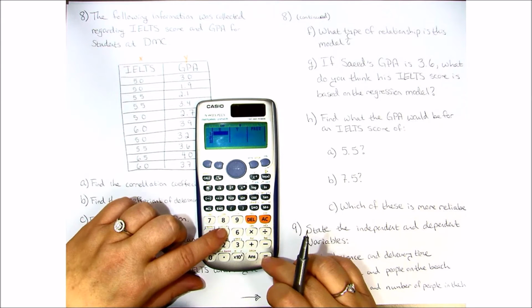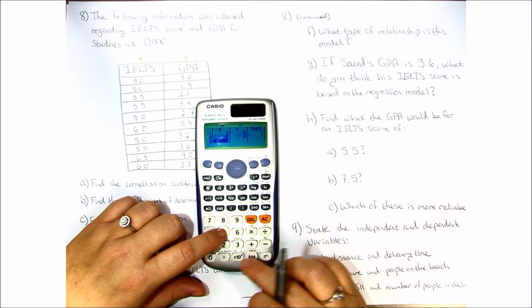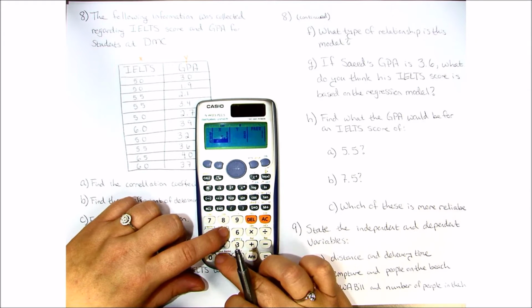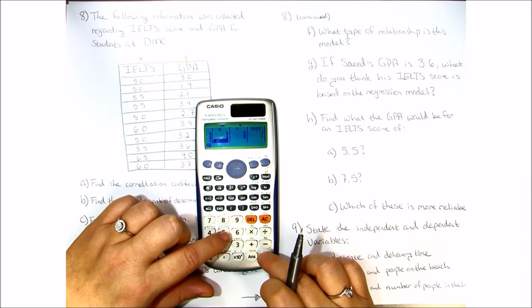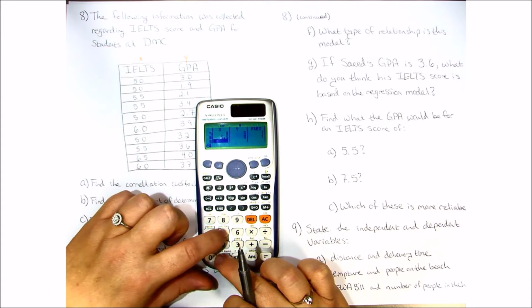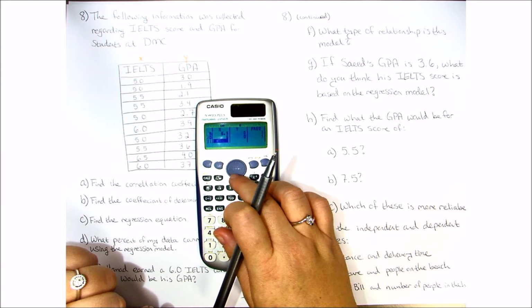So we'll put in x: 5, 5, 5.5, 5.5, 5, 6, 5, 5.5, 6.5, and 6. So 10 variables.